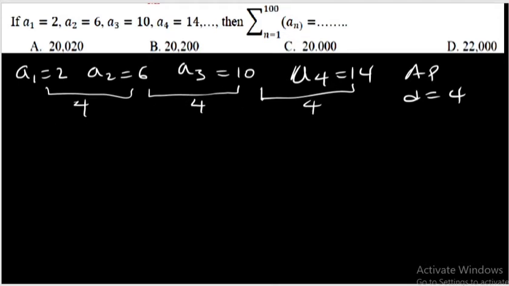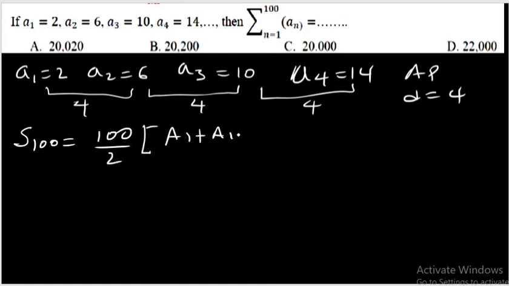Then we are asked the sum from 1 to 100, which means we are asked for the sum at 100. Sum of 100 means 100 over 2 in bracket A1 plus A100, according to the formula that we stated before, which is equal to 50 times, A1 is 2, plus A100. What's A100? Let's get it in another place.